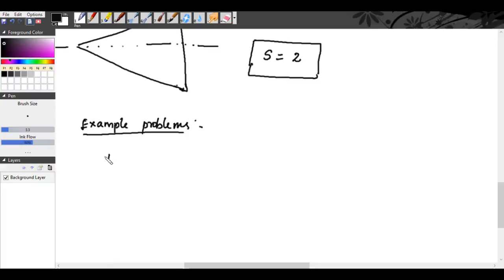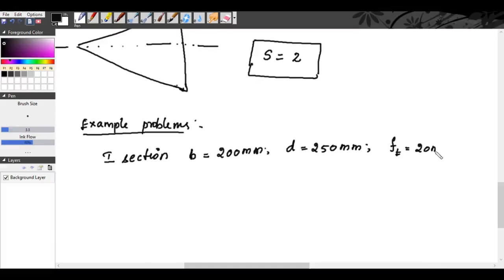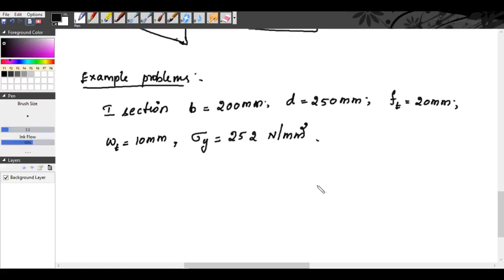Now, if you consider a mild I section, and you take the width of the I section B as 200 mm, the depth of the I section as 250 mm, the thickness of the flange as 20 mm, the thickness of the web as 10 mm, and sigma y, yield stress, is equal to 252 Newton per mm square, calculate the shape factor. So how will you find the shape factor?